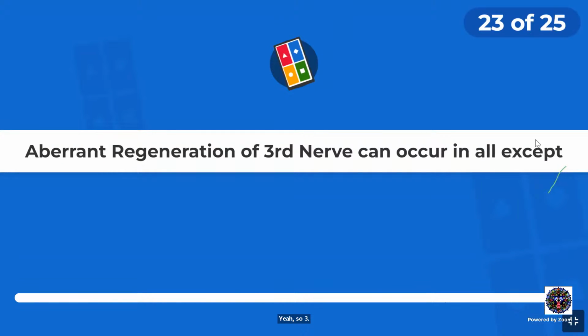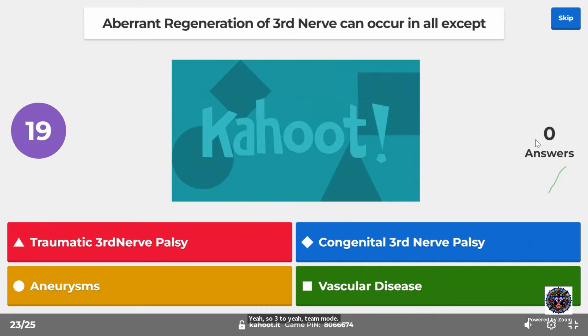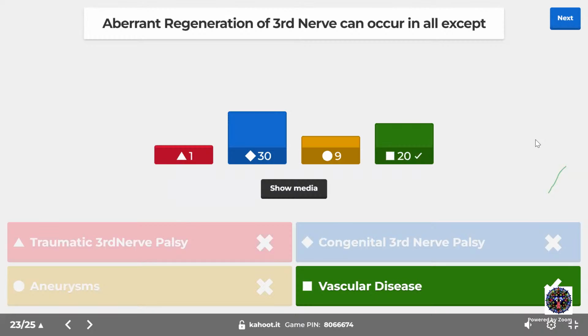Aberrant regeneration of the third nerve can occur in all except: trauma, congenital, aneurysms, and vascular. Someone has answered congenital third nerve palsy.